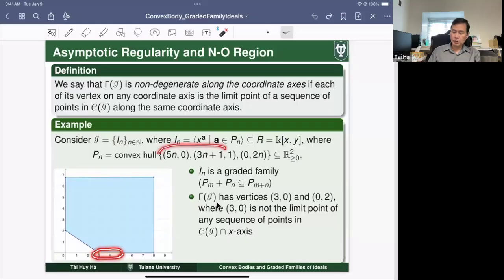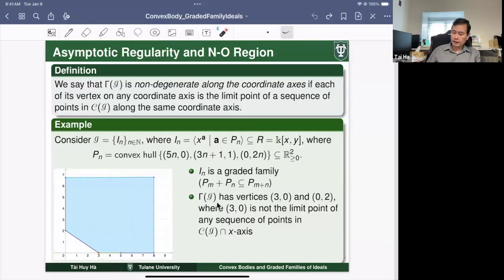That's because of these two points that we are looking at inside our family. When we scale down by n, this has (3 plus 1 over n, 1 over n). So that's why it's never on this line for a limiting body. So the limiting body misses this line.